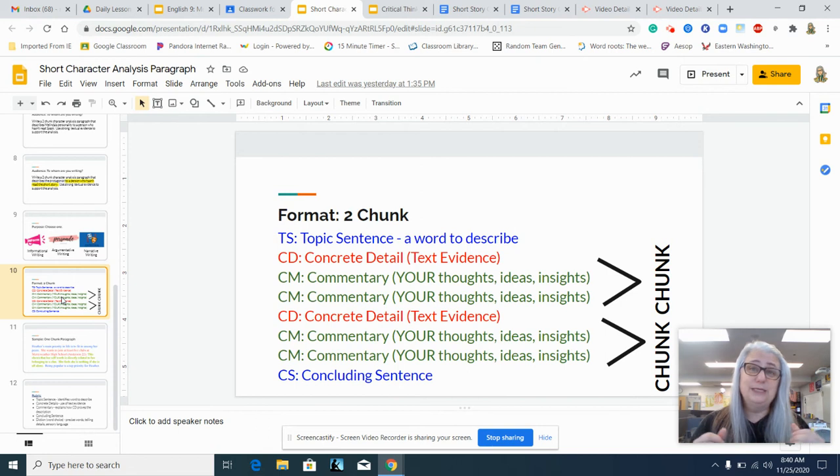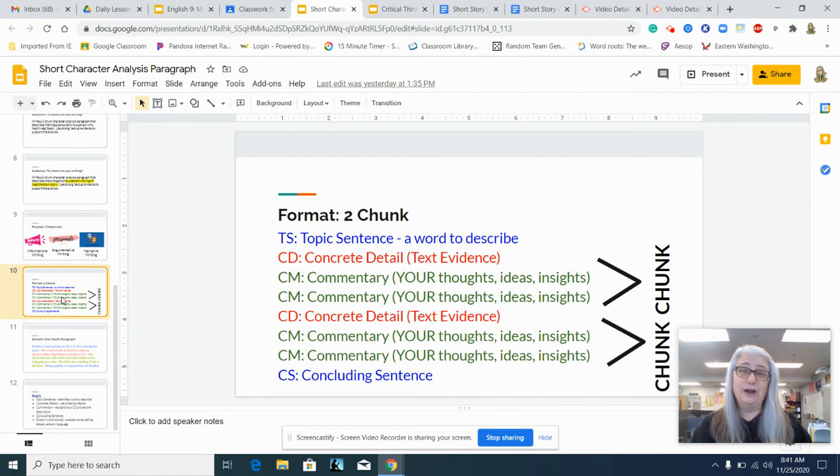commentary. Commentary doesn't come from the story. Those are your thoughts, your ideas, and your insights about how that quote proves what you're saying about your character, who you think your character is, your analysis of your character. So you should have 2 of those chunks.